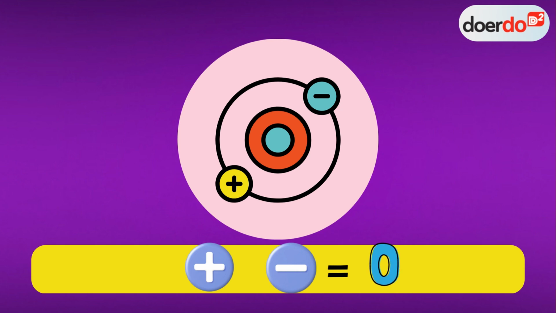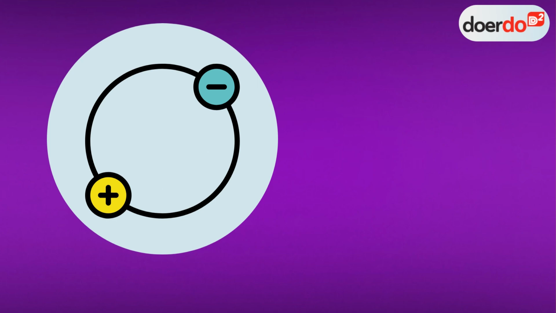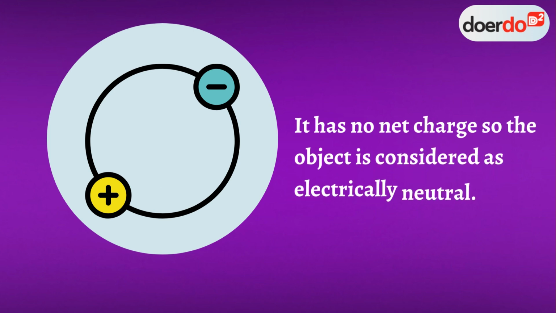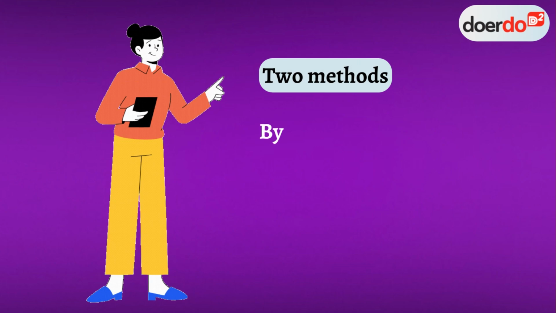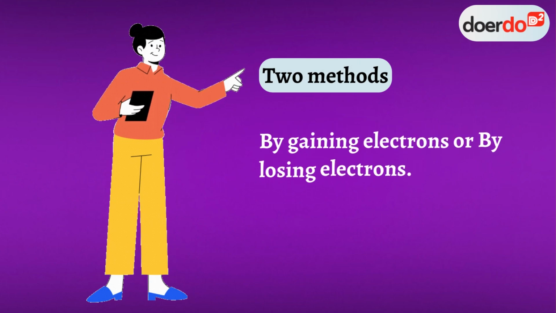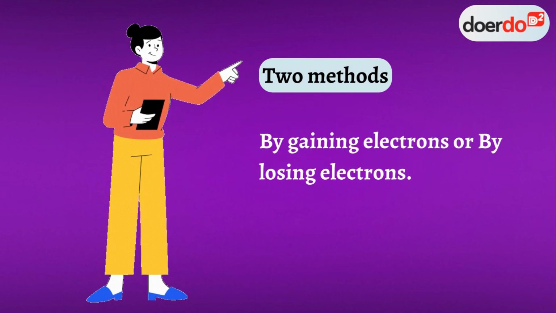So, if an object has an equal amount of positive and negative charges, it has no net charge, so the object is considered electrically neutral. An object can generate charge by two methods: by gaining electrons, or by losing electrons.